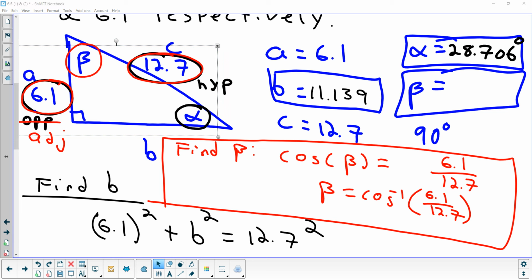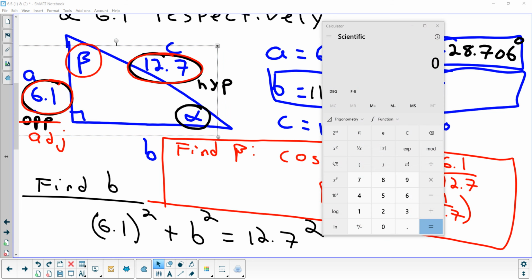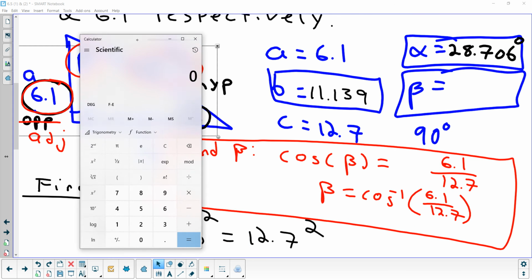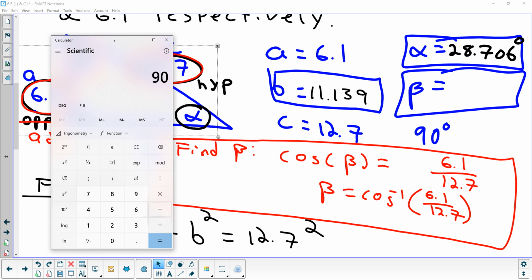Now, just to double check my answer, let's take this and let's do 90 minus 28.706. It should come out to 61.294. Let's see.